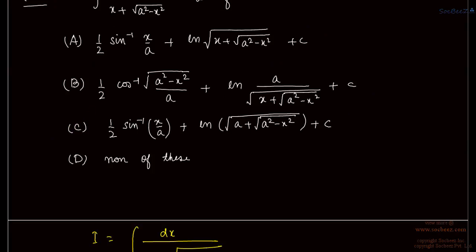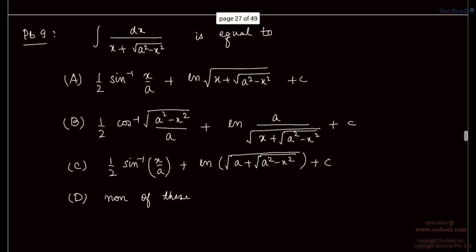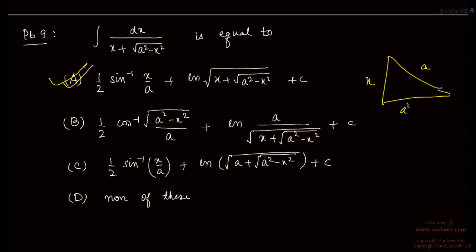if we try to check the options, which option is correct? So A is correct, right? From A, if you check option A and B, then both have transformed form, right? Because sin inverse x upon a can be written as cos inverse square root of a square minus x square upon a, isn't it? Because if we have sides of a triangle x and a, then this side must be square root of a square minus x square.